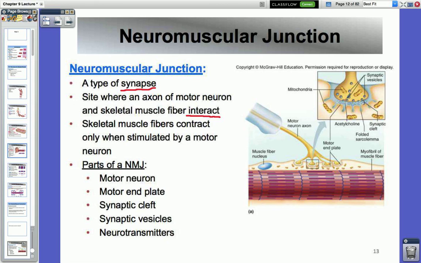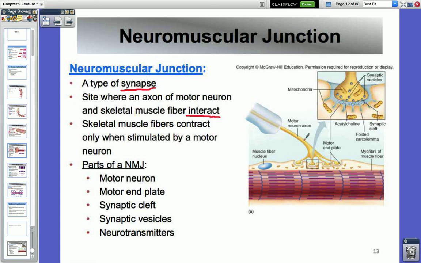Okay, so the couple parts of the neuromuscular junction, the very first one is the motor neuron. The motor neuron is going to be what brings the signal from the brain to the actual muscle cell. So this is our motor neuron. So it takes things away from the central nervous system to a muscle, to a gland, to whatever it needs to. Okay?